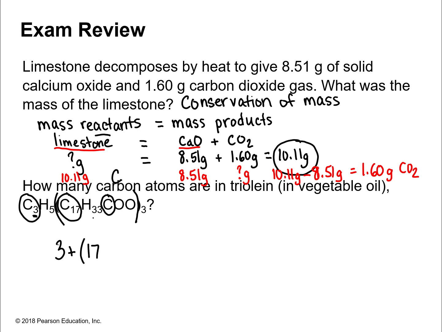We have 17 plus the 1. Just like in math, when you see a number outside the parentheses, you only distribute the 3. So that would be 3 plus 3 times 18. And that should give you 57.